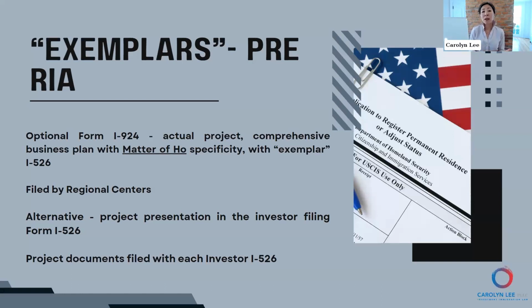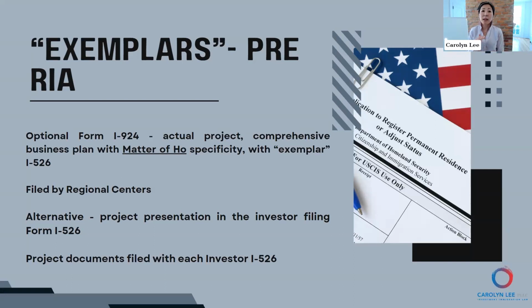The I-924 that was submitted by regional centers contained documentation about an actual project, a real live project, as opposed to a hypothetical project that may be described in connection with a regional center designation application or proposal. So it was specific, it was real, it was live.